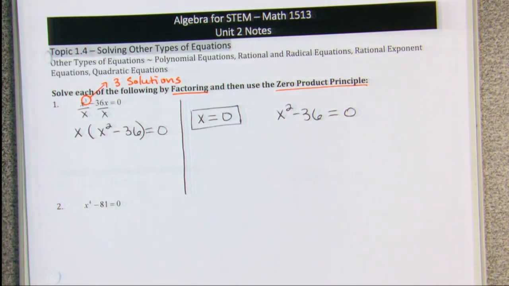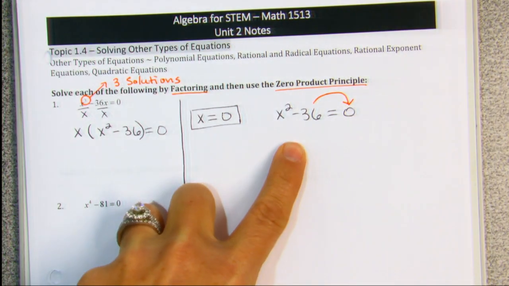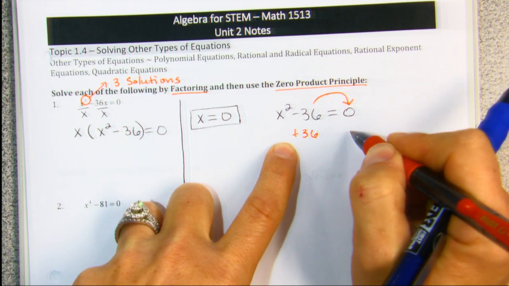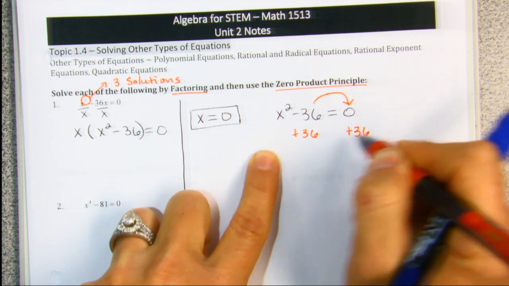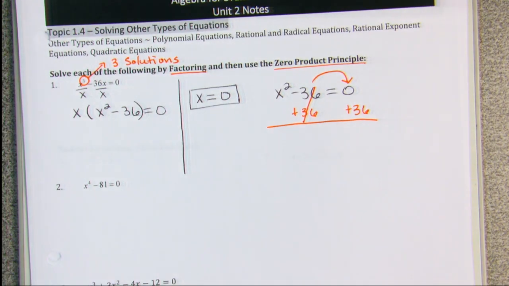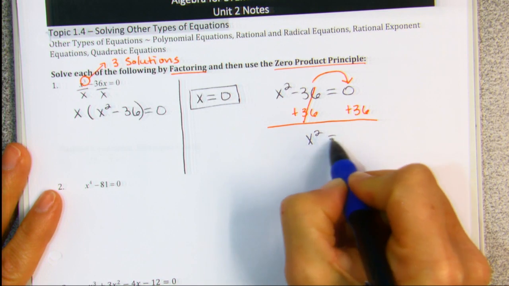I can go find the other by using the square root property that we learned, couldn't I? If I move that 36 over there, anytime you have just an x squared and not an x term, the quicker way to solve is the square root property. So we have x squared equals 36.